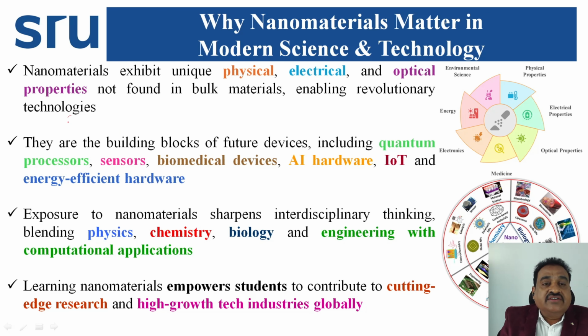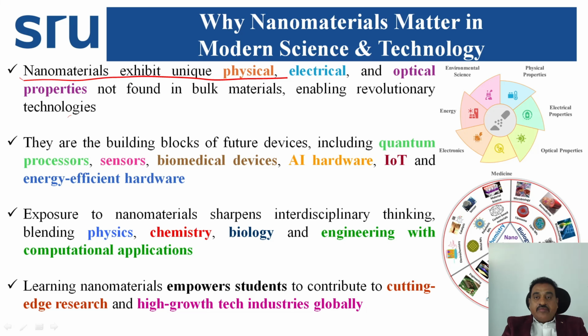You can see here that nanomaterials exhibit unique physical, electrical, and optical properties not found in bulk materials, enabling revolutionary technologies. We can see environmental science, energy, electronics, physical properties, electrical properties, optical properties, and we can observe so many.